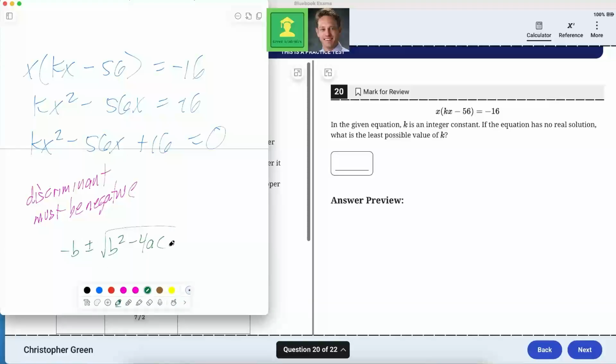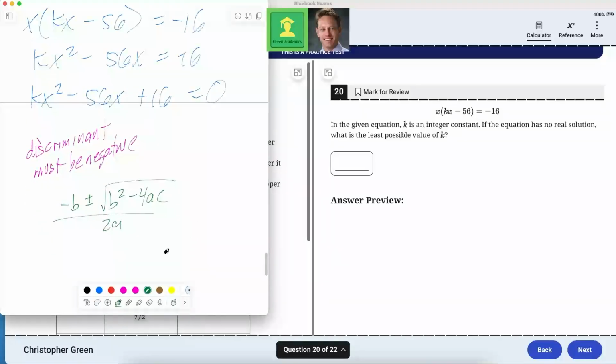For there to be no real solutions, that means it has solutions that are complex conjugates. It has solutions that are non-real, solutions that are imaginary, that are complex, which is when this is negative. Because if what's in the radical is negative, then the solutions would have i in them.